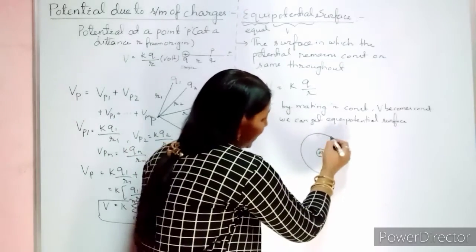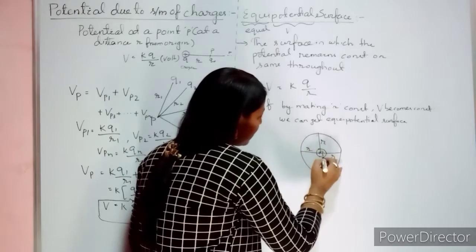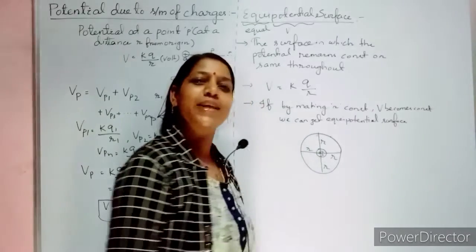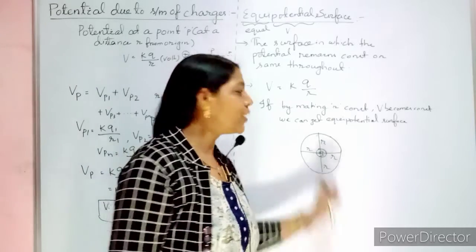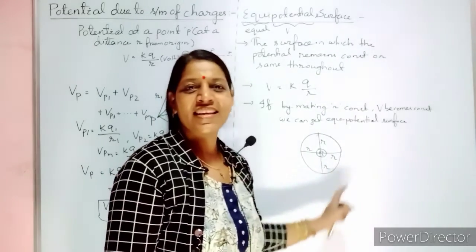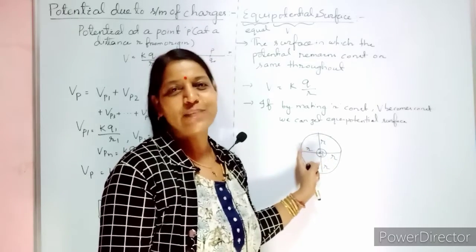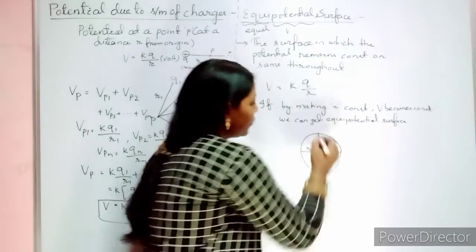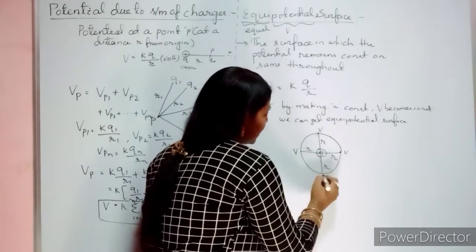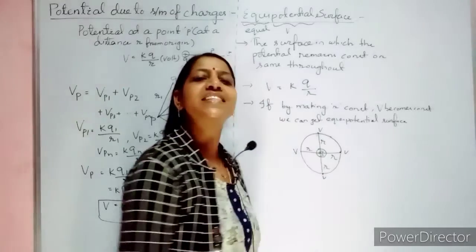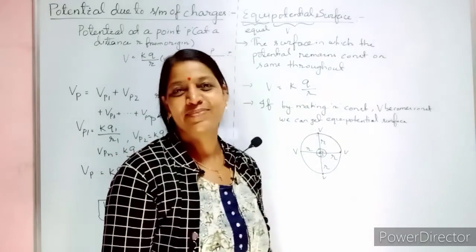At every point, the distance is the same R. All the circumference or the periphery of this circle, or in 3 dimensions you can call it a sphere. Wherever you measure potential, here, here, here, any point you measure, the potential remains constant because R is fixed.